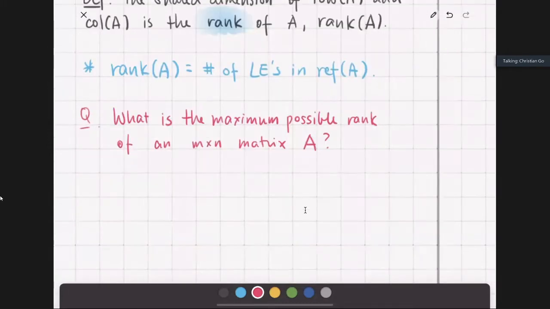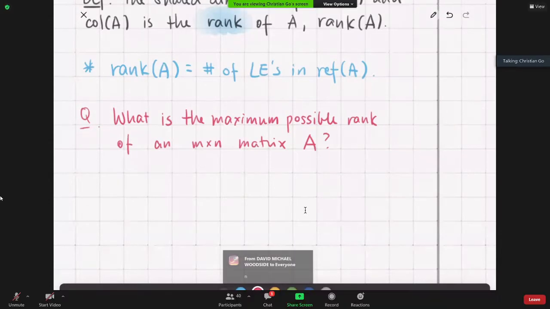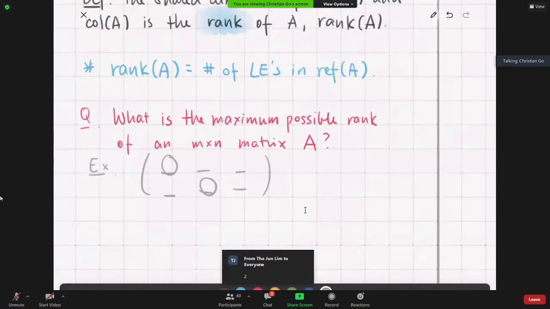Right. So let's take an easy sort of example. If my matrix were 2 by 3, what is the largest possible rank? Well, how many leading entries at most can I have in a row echelon form? In this case, just 2, right? Because I can't possibly have another leading entry. There are only 2 rows.